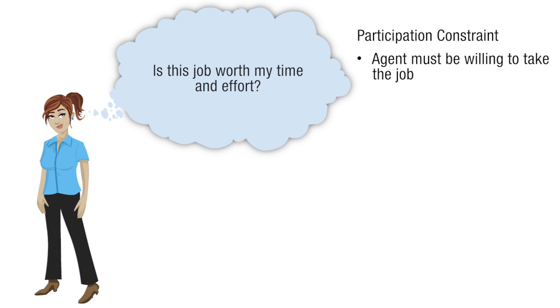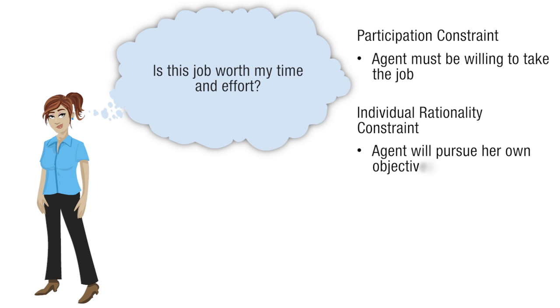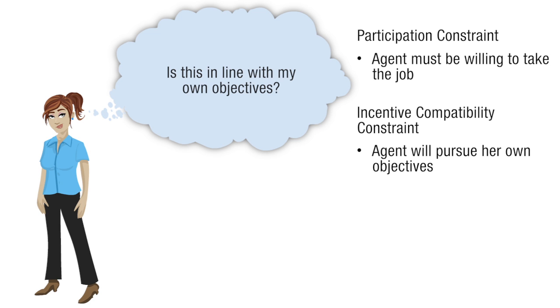Step two, we need to design our compensation scheme in the face of what's called the individual rationality constraint, that the agent is going to pursue their own objectives. This is also often called the incentive compatibility constraint, because our incentives have to be compatible with what we really want when we take the cynical view that the agent is going to pursue their own objectives.